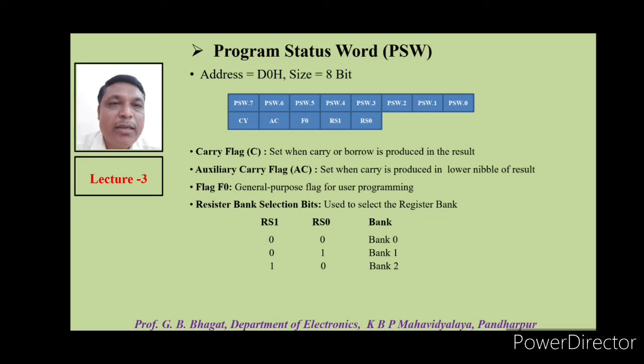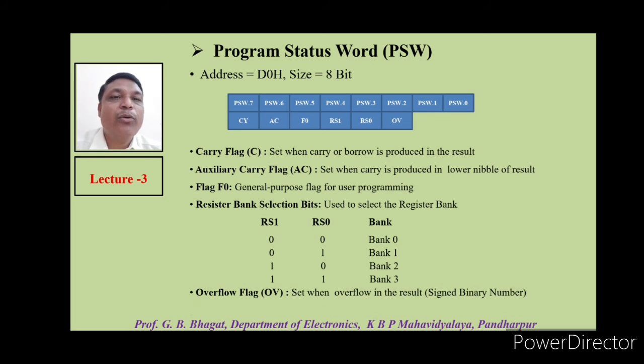Similarly, if RS1 is 1 and RS0 is 0, then bank 2 will be selected. And if both bits, RS1 and RS0, are 1, then bank 3 will be selected. By default, bank 0 is selected. That is, if we do not change the RS1 and RS0 bits, then by default it will select bank 0. The next bit, PSW2, is the overflow flag denoted by OV.